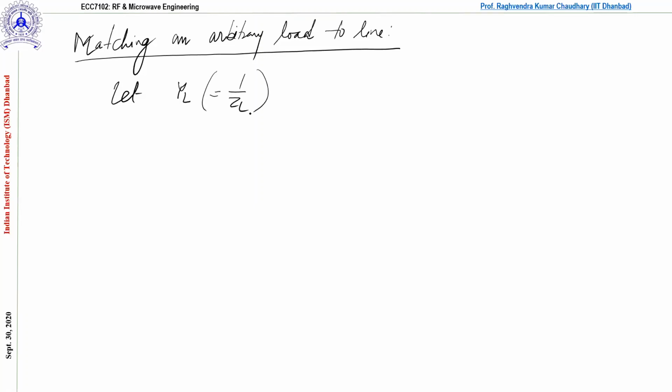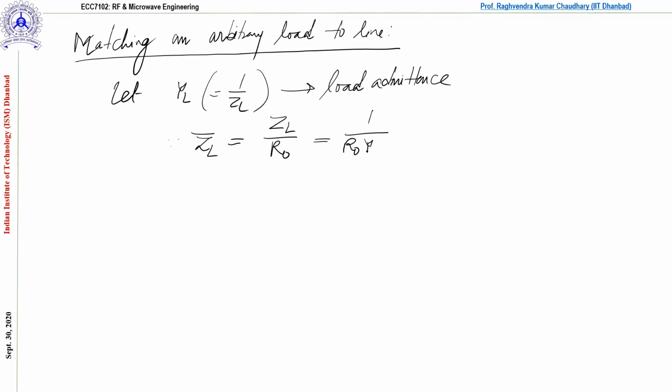This denotes the load admittance. Now we already know that ZL bar, which is the normalized one, is ZL by R naught. We can also write this as 1 upon R naught YL, or finally YL bar.